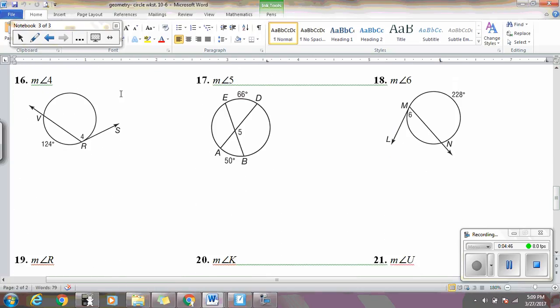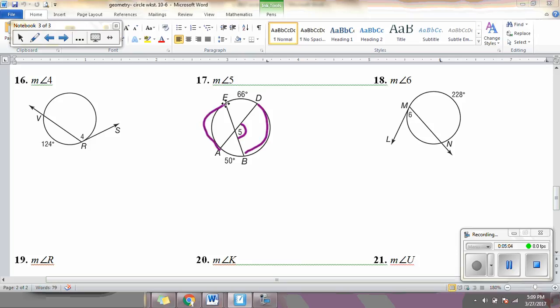All right, number 17 wants us to find the measure of angle 5. Angle 5 is right here, and angle 5 is related to arc DB and arc EA. But unfortunately, I don't have the measures of those arcs.